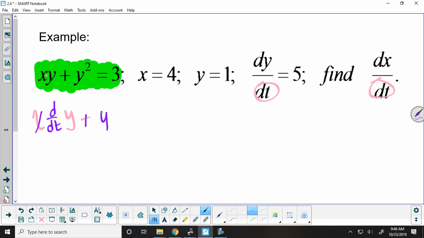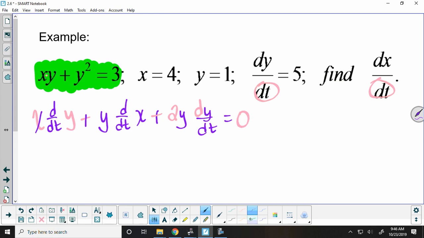Plus the second, which is y, times the derivative with respect to time of the first. What's the derivative of y squared? 2y dy over dt. And what's the derivative of 3? Okay.